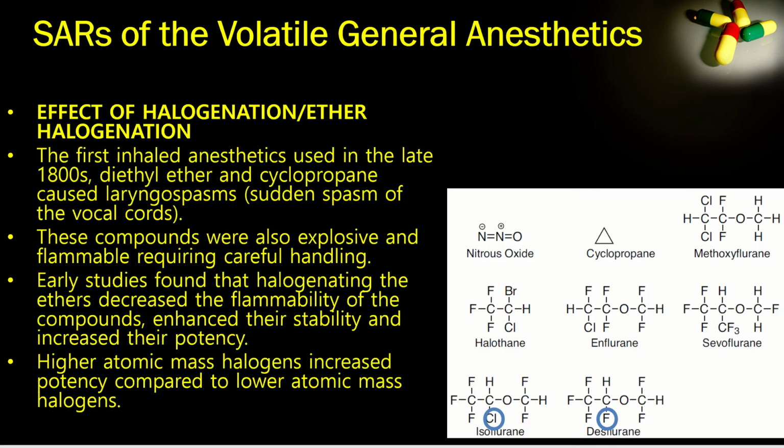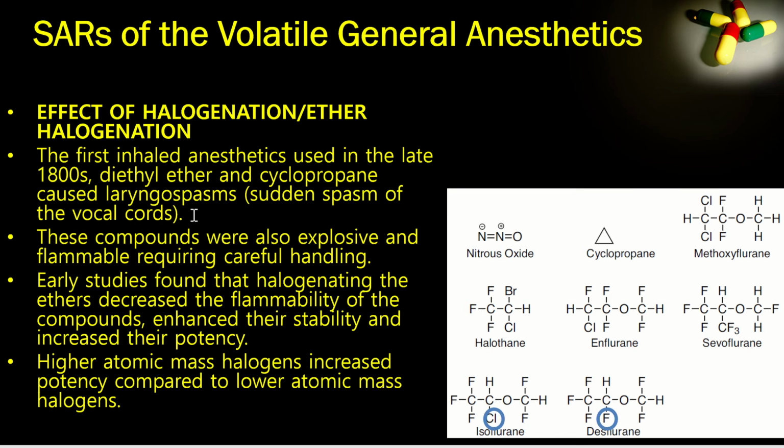So let's look at the effect of halogenation of ethers, right? The first inhaled anesthetics used in the late 1800s, diethyl ether, as we mentioned before, and cyclopropane, caused laryngospasms, which is sudden spasm of the vocal cords. So it did the job, but it had these side effects.